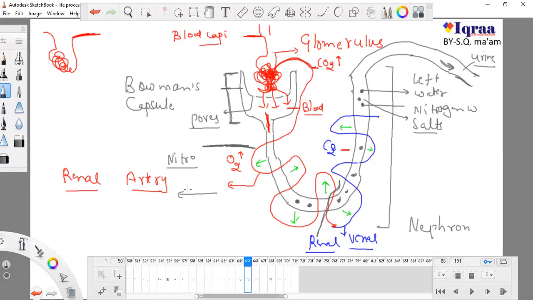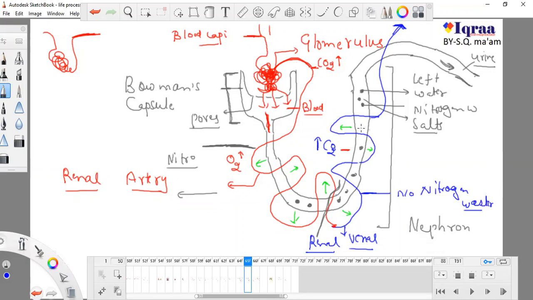And the part which is going back will go back to the heart. This is the renal vein. It has a high amount of CO2, but we can say it is pure because it has no nitrogen waste.